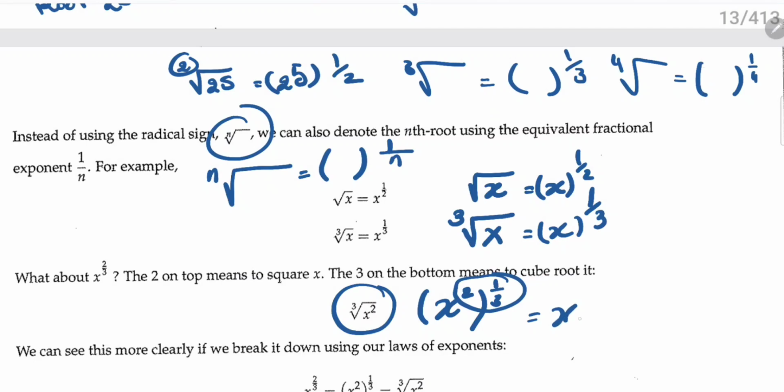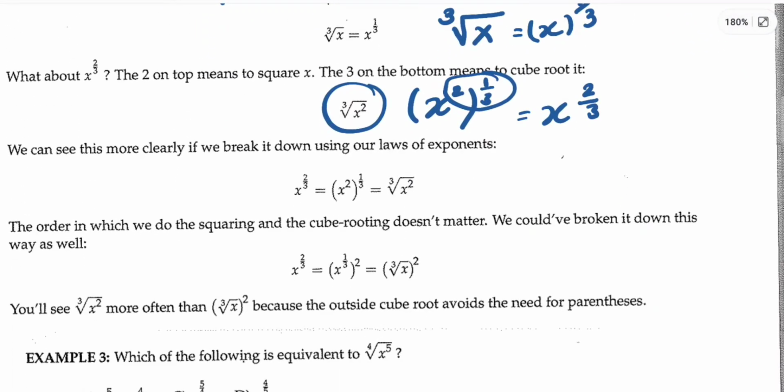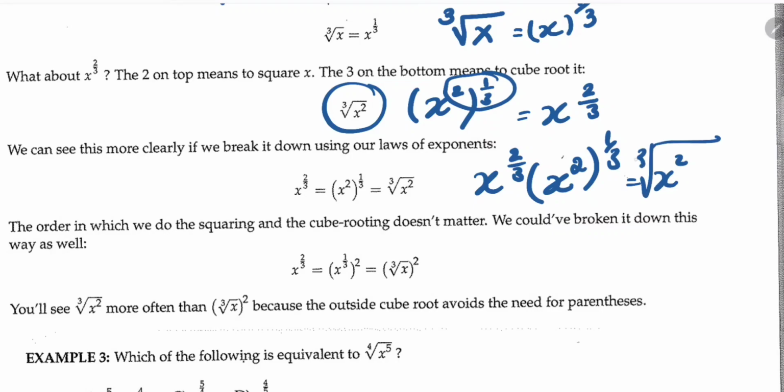So, it's x to the power 2 over 3. Okay? And I can make it again to its form. If I have x to the power 2 over 3, I can write it as x to the power 2 multiplied by 1 over 3. So, it's x to the power 2 inside the cubic root.